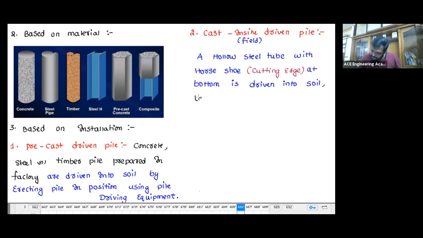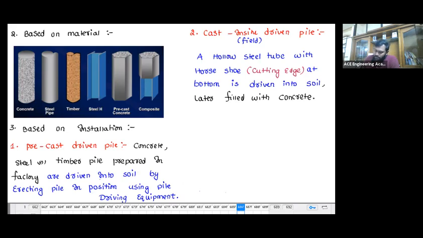Later, we simply fill it with concrete. So first we drive a hollow steel tube and then we fill it with concrete.